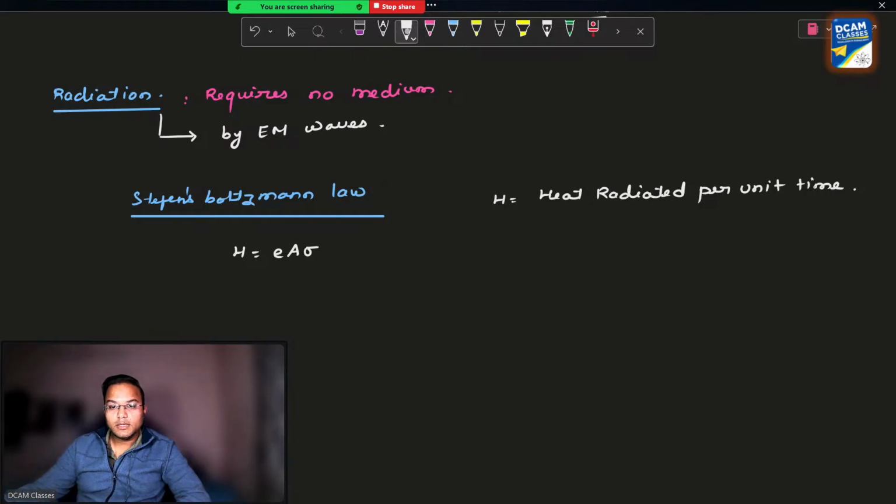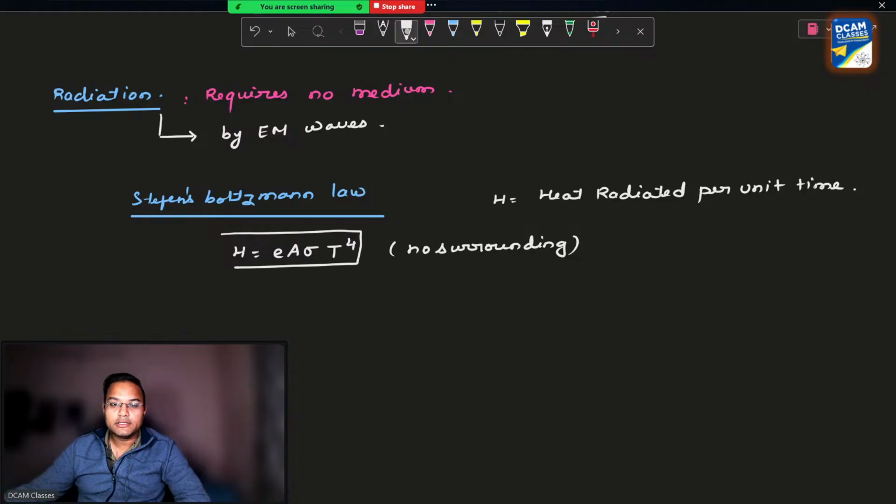H equals E A sigma T power 4, in which we are considering no surrounding, there is vacuum, there is no surrounding. Means what? Surrounding has no temperature. I'll tell what each letter signifies here.